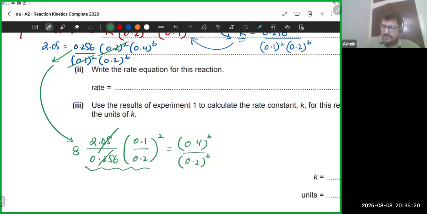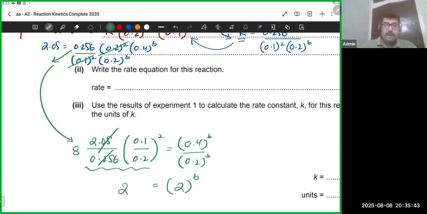And the other thing is half squared, so 0.5 times 0.5, and then multiplied by 8. This entire thing gives me 2. And 0.4 divided by 0.2 is also 2. So this side is 2 to the power b, right?